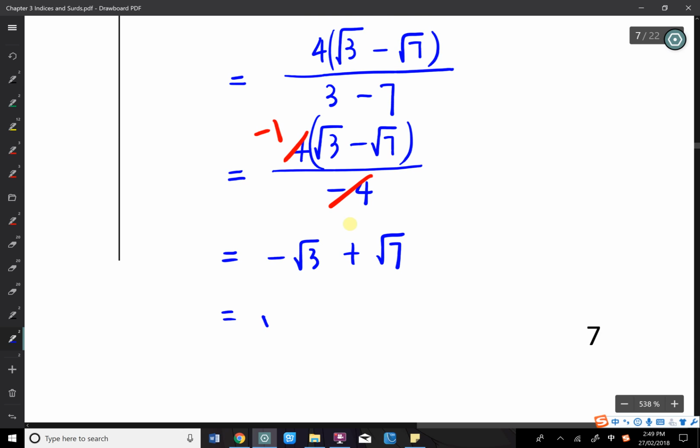Well, I can say that's root 7 minus root 3. That will be the same. Well, you can definitely expand it immediately, but I will suggest you keep the factorized form until you work out what your denominator is, and then see if there's a common factor I can cancel. If I don't have, I can just expand it. If I have, just keep it until the end and then do it.